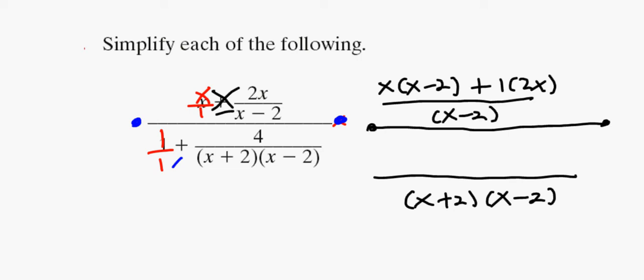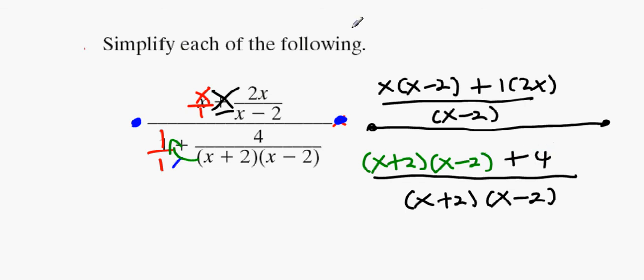Next thing is bring the x plus 2, x minus 2 up beside the 1. So we're going to have x plus 2, x minus 2. Bring the 1 up beside the 4, and we're going to plus 4.